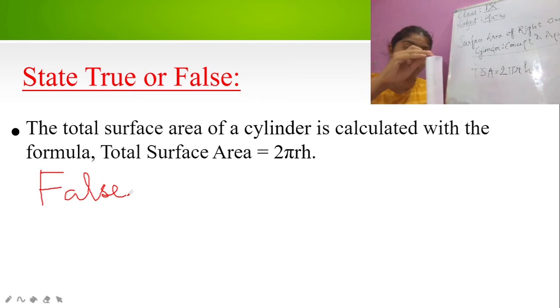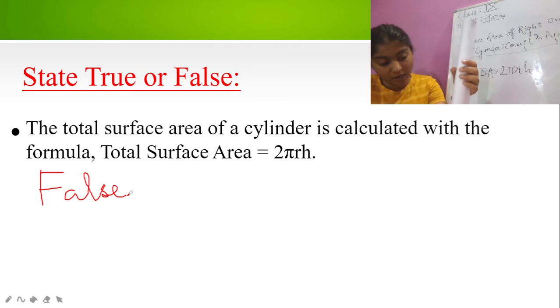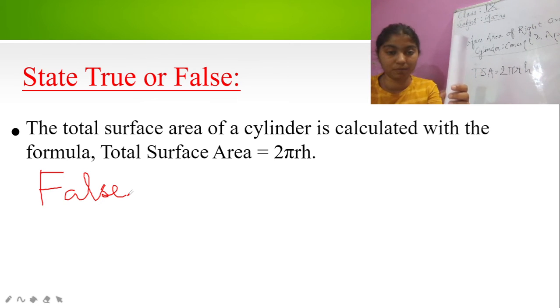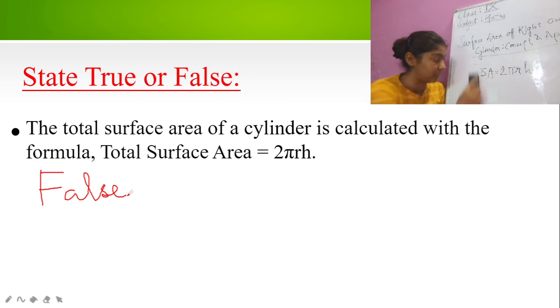We have to take it into consideration whenever we calculate the total surface area. So this is not a total surface area, this is a curved surface area, that is 2 pi r h. So you have to make a correction, that it is a curved surface area, that is if we are calculating for the hollow one.